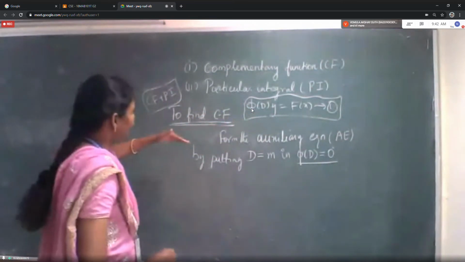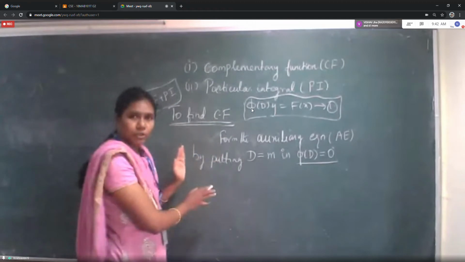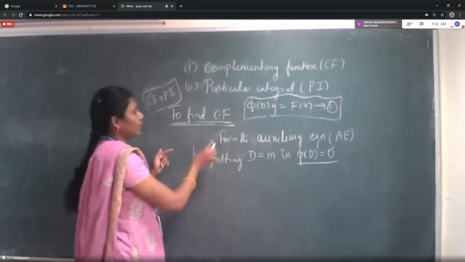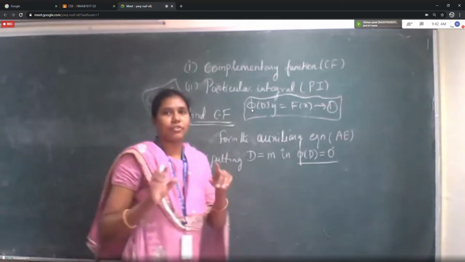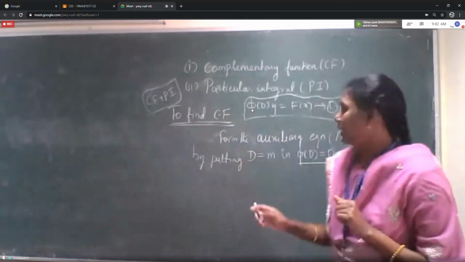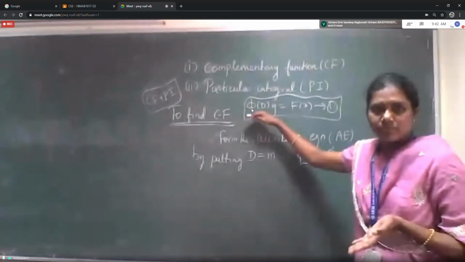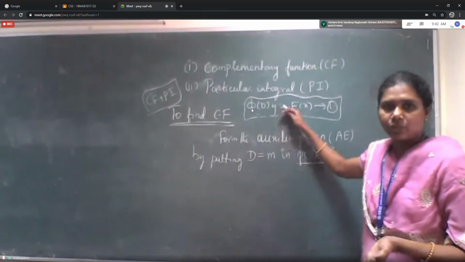This is the procedure for finding CF. In the first step, form the auxiliary equation. This is our given general equation in terms of D only: phi of D into y equal to f of x.